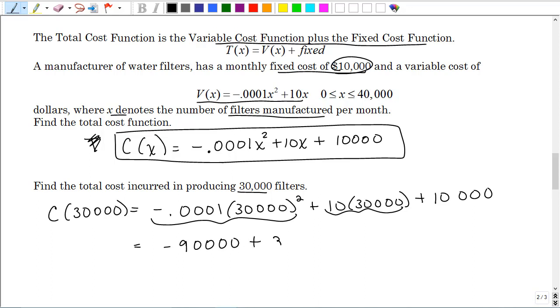This is going to be, I think that's 300,000. And that's 10,000. So now again, just using my calculator just to make sure, and I get a total cost of 220,000. And that is dollars because that is my cost. So it's going to cost me that much to make 30,000 water filters. Hopefully they're really good water filters.